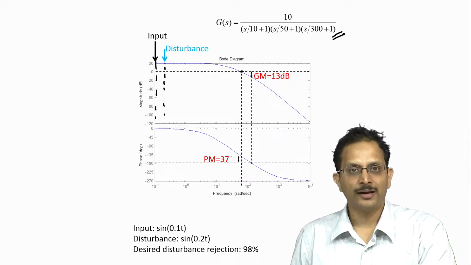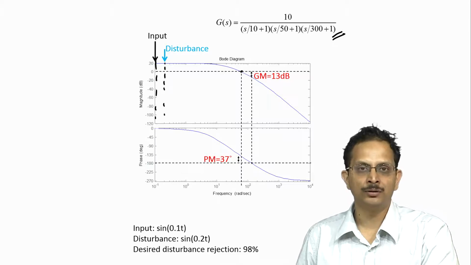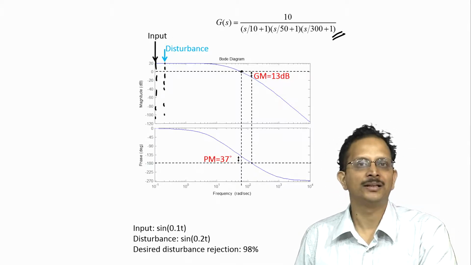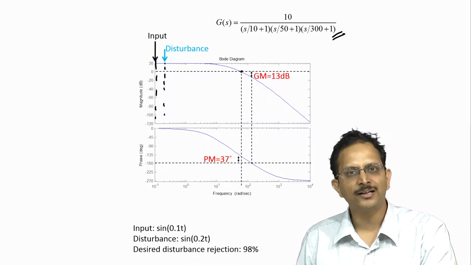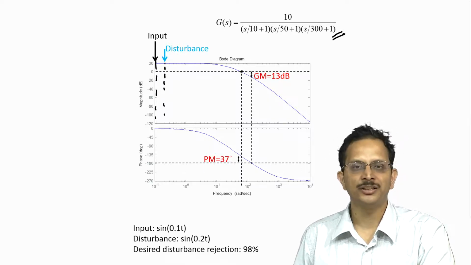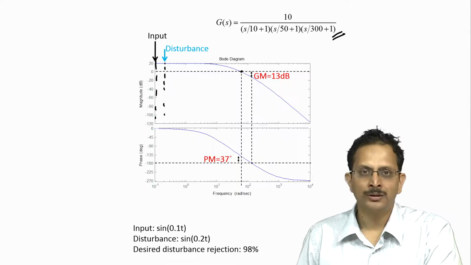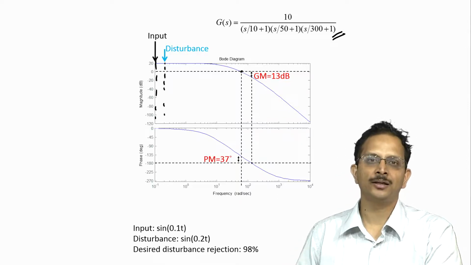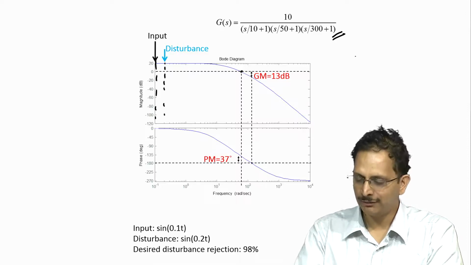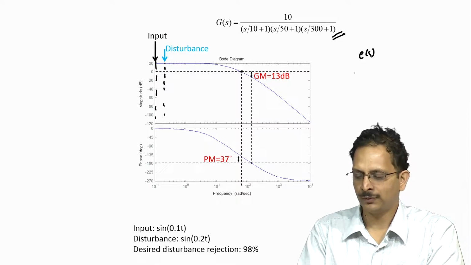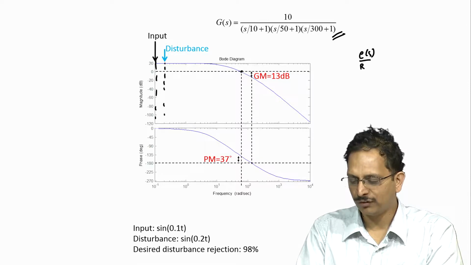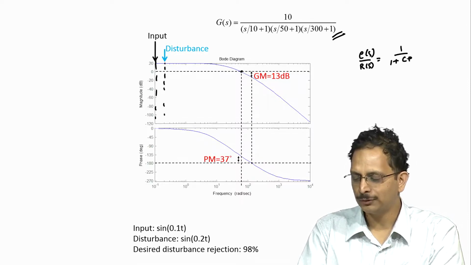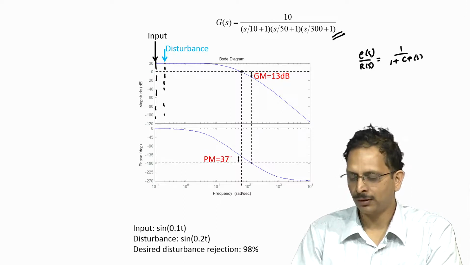So, we are expected to reject the disturbance by 98% and track the input with 98% accuracy. So, the transfer function that relates the error in tracking to the reference is given by E(s)/R(s) equal to 1/(1+C(s)P(s)).